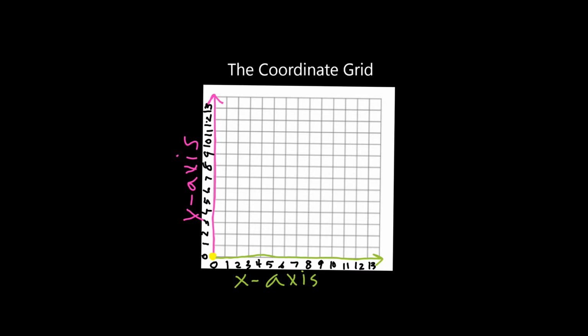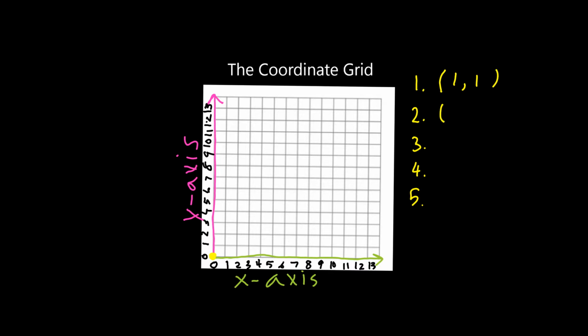Alright, so now I can start practicing plotting points. I'm going to give you a couple points that we're going to plot on this grid. We'll start off with 5 and we will plot them together, and then I will let you plot some on your own. Alright, the first coordinate that we are going to plot is 1, 1.